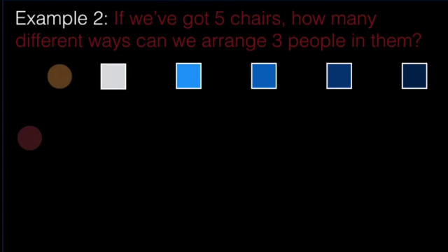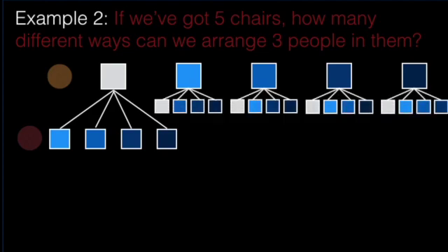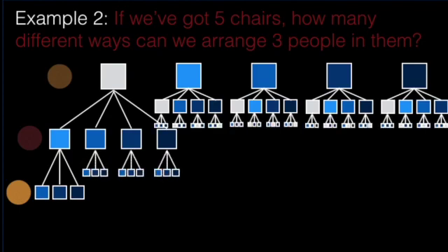How many ways are left for the second person to sit, right? No matter where the first person sits, second person is only going to have 4 options left to him. Third person comes in. Same deal. After the first 2 people are seated, how many options does he have left? He's got 3 options, right? No matter where the first 2 people sit, he's only going to have 3 options left to him.